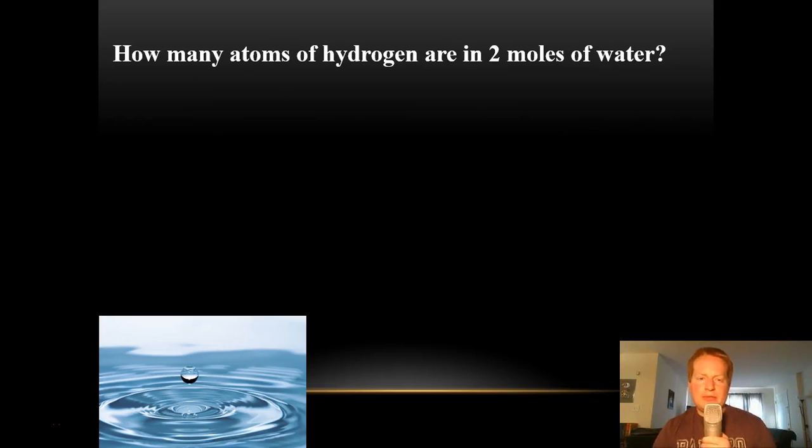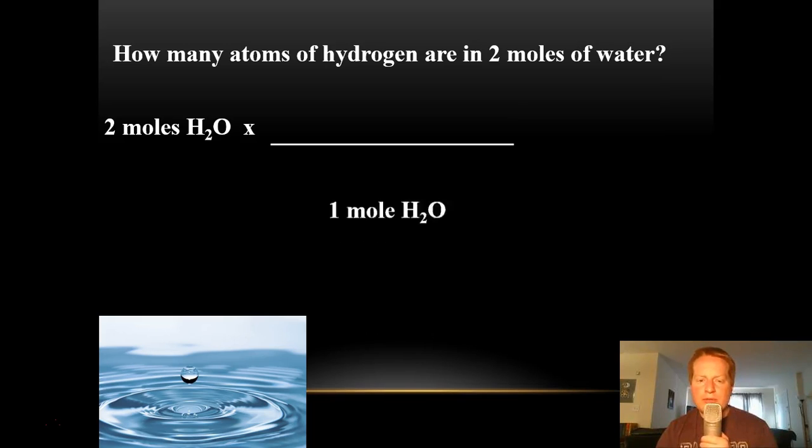Okay, switching it up a little bit, how many atoms of hydrogen are in 2 moles of water? So notice how they said how many atoms, and we know that water's representative particle for a full H2O is actually molecules, right? So we have to be really careful with this one. There's a couple different ways you could do it. You could start with 2 moles of water, and then of course we'd have to put our 1 mole on bottom to cancel.